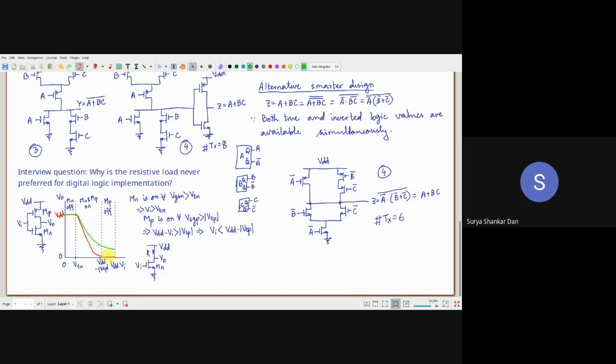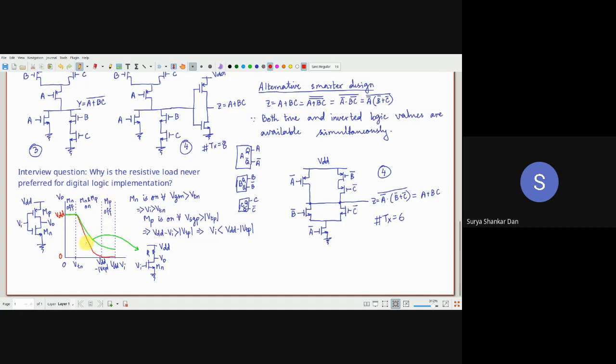As a consequence, you are never going to reach a zero value anymore. No matter how low the output may be, it will never reach zero, because a minimum amount of VDSN is necessary to keep this transistor switched on. So this is the case for resistive load.